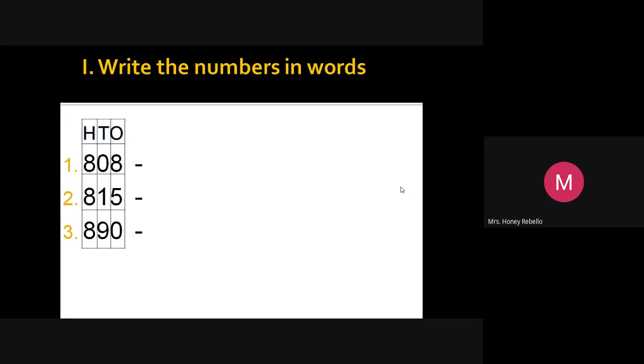Under tens, 0. Under ones, 8. Don't write all together. I'll just give you 1 second. Those who know, you write. Otherwise, others can write with me.